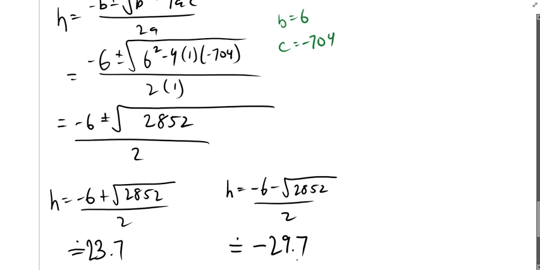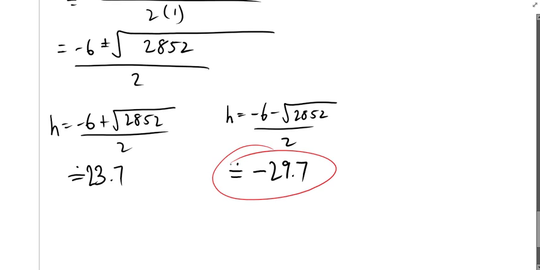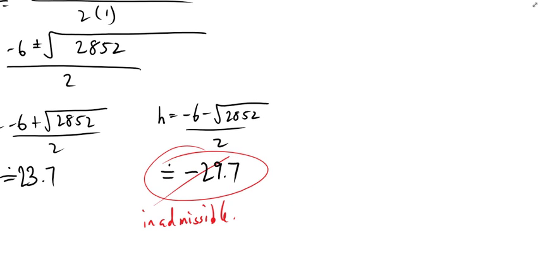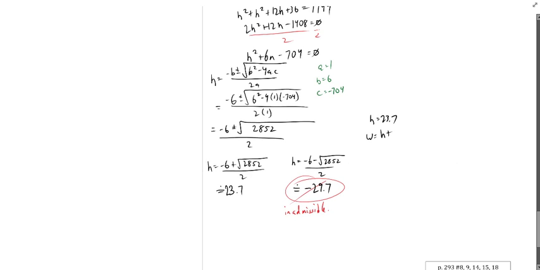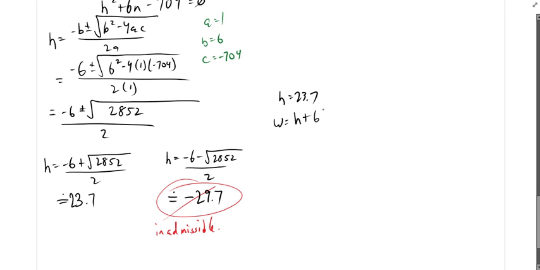So h is 23.7 and negative 29.7. That one's no good. If my height is 23.7, my width is the height plus 6, which is 23.7 plus 6, which is 29.7.